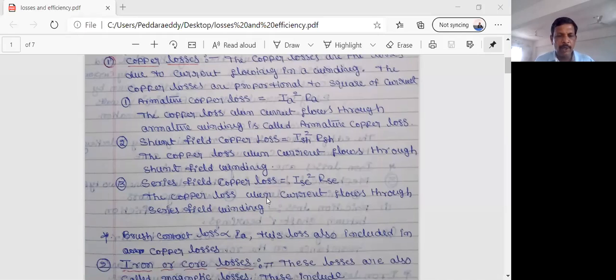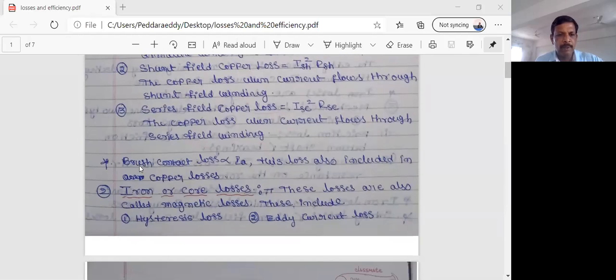So what is copper loss? When current flows through any copper winding, there will be some loss. That loss is called copper loss, simply the I squared R loss.